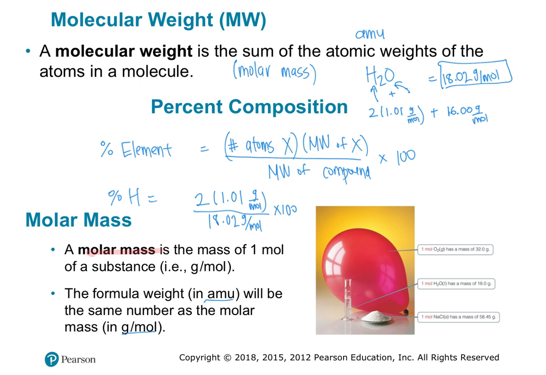So if I found out that the molecular weight of water is 18.02 AMUs, it's also 18.02 grams per mole. And since grams per mole has 2 units in it, grams and moles, we actually get to use these as a conversion factor later when we want to go from some substance in grams into the mole unit.